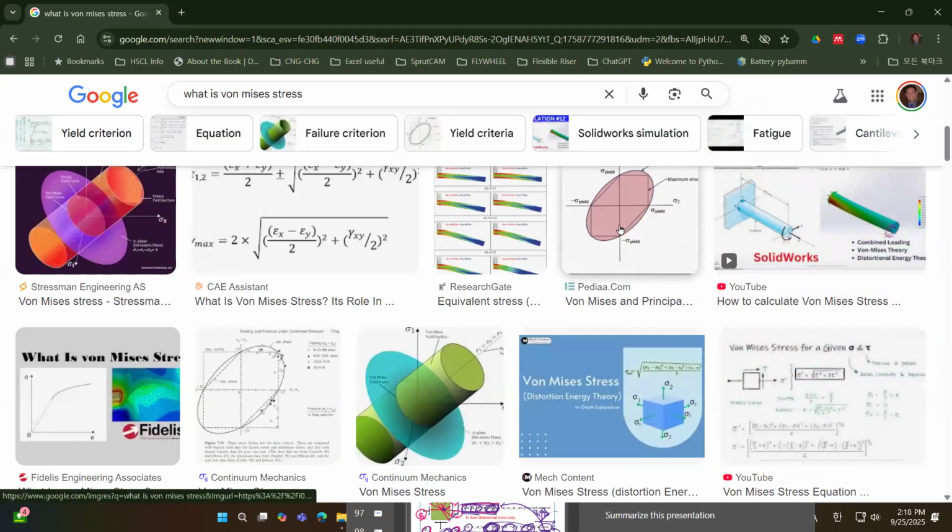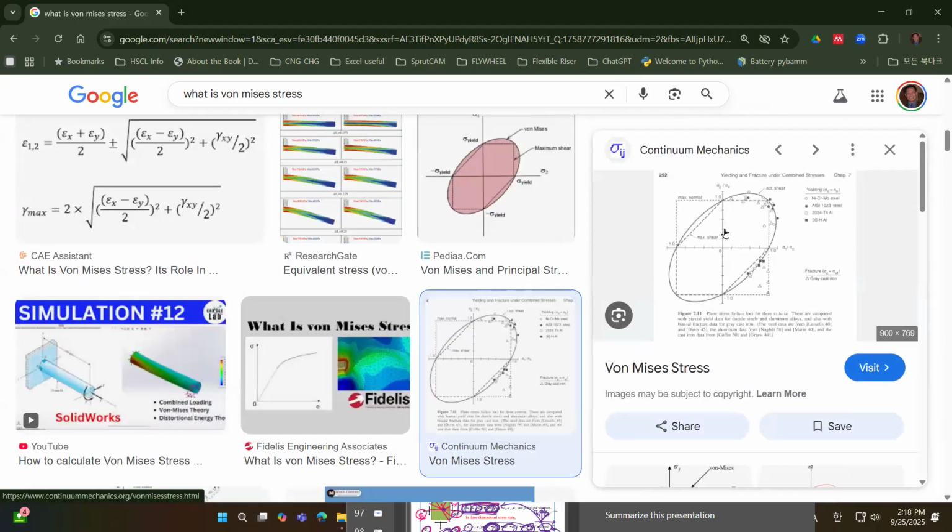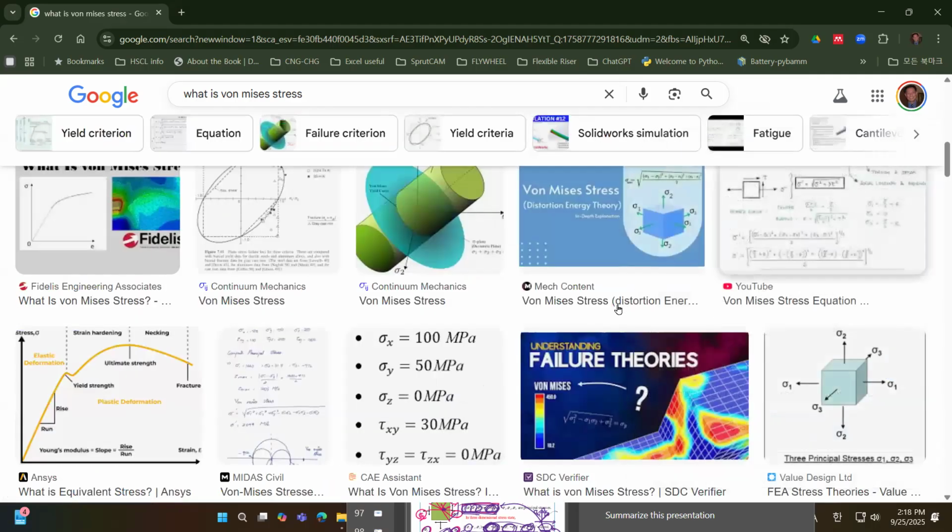But right now, as you can see here, others do experiments by changing sigma 1 and sigma 2, and this is a point they observe. And as you can see, the von Mises and Tresca criteria match with the experiment.